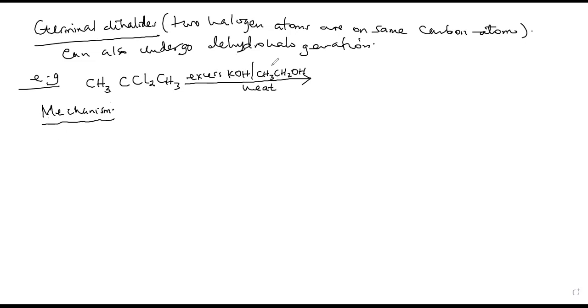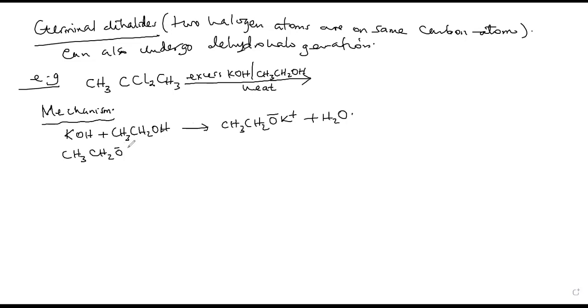It all begins with the reaction of potassium hydroxide. At least that first step should be written by everyone. We add ethanol, shall form CH3CH2O-, then water. Then you bring your dihalide.